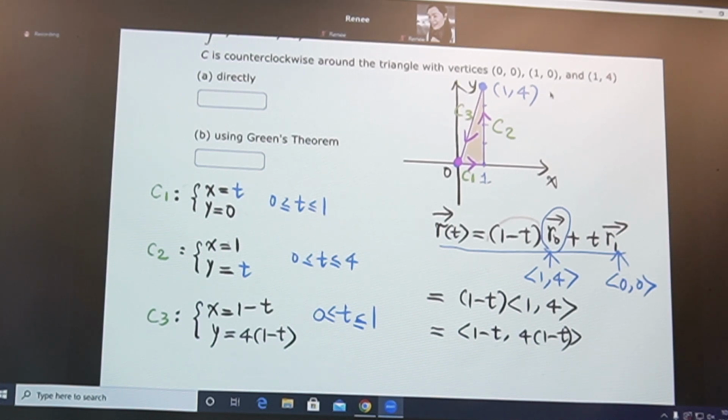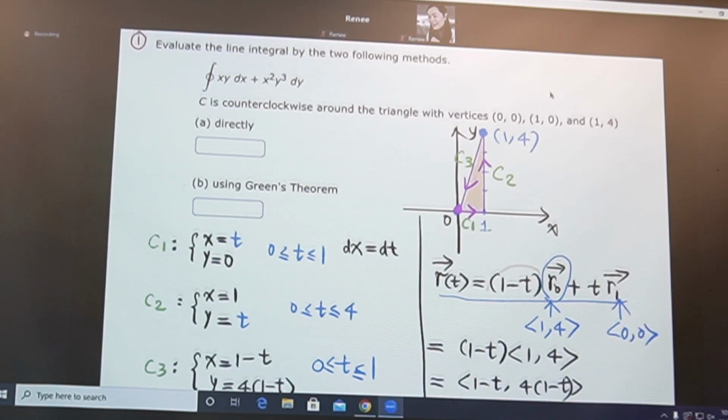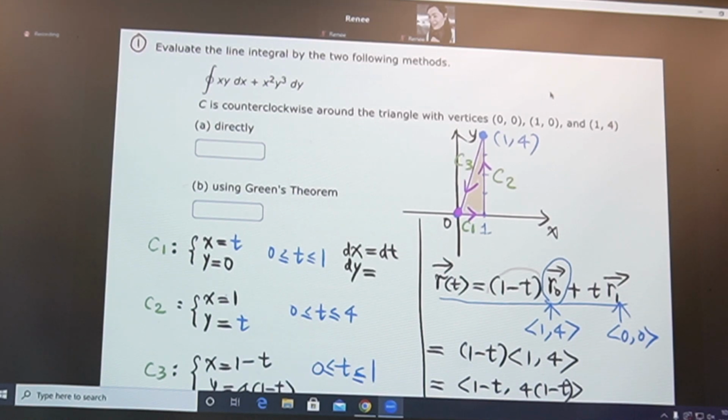Now, in order to find this integral right here, we have x and y parameterized, and then you need to find what dx is. From this, dx is equal to dt. And what's dy? Differentiate 0, you get what? y equals 0, so dy is 0, or 0 dt.